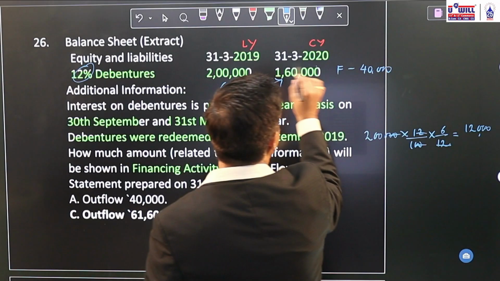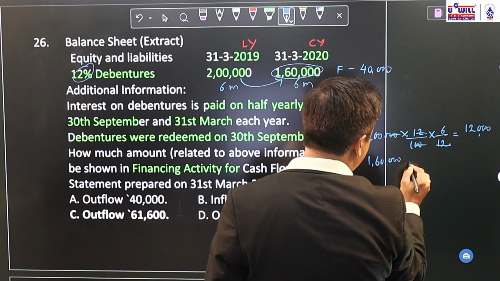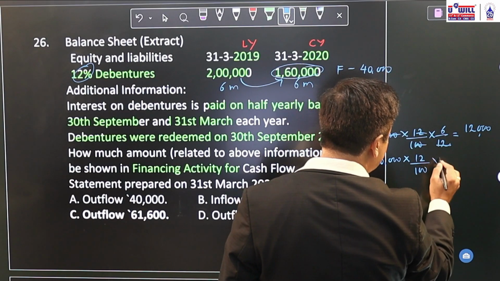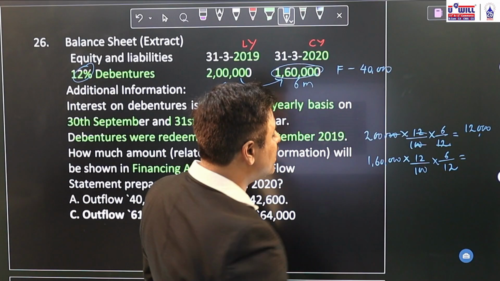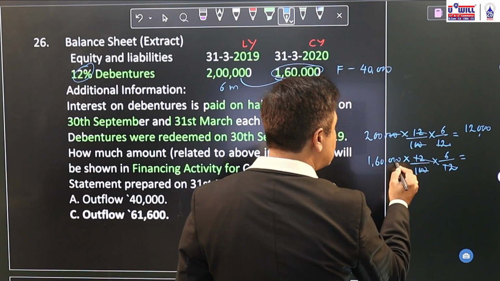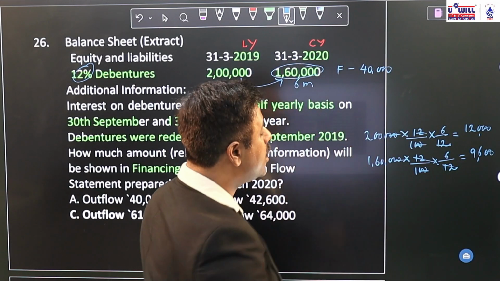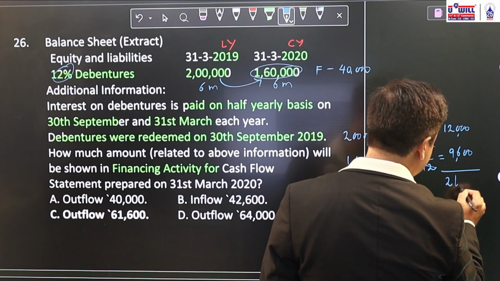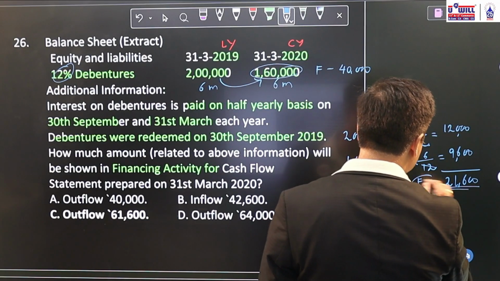And on 1 lakh 60,000 we will pay again for 6 months, because in September you repay 40,000. So after that you have to bear the interest burden on only the remaining 1 lakh 60,000. If you count it for 6 months, then 1,600 into 6, 9,600. So 21,600 would be again financing activities outflow, which is of our concern.